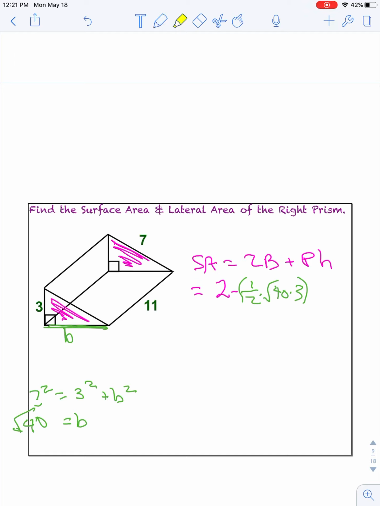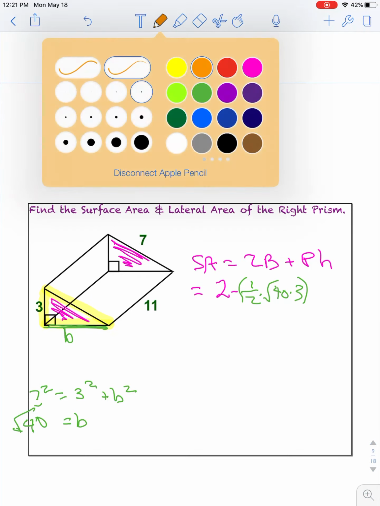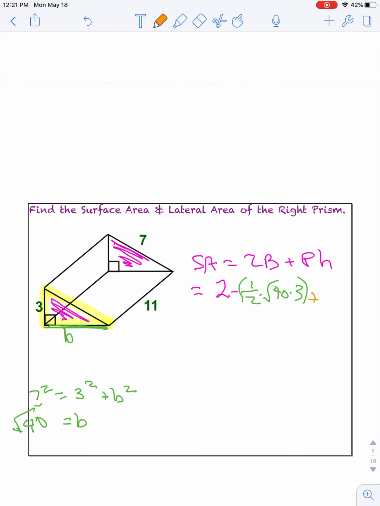So now I need the perimeter of the base. The perimeter of the base is 3 plus 7 plus the square root of 40. I'm kind of running out of room, but then I have to also multiply that by the height, which is 11.